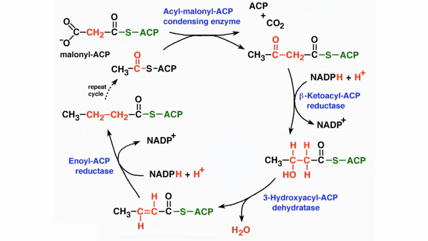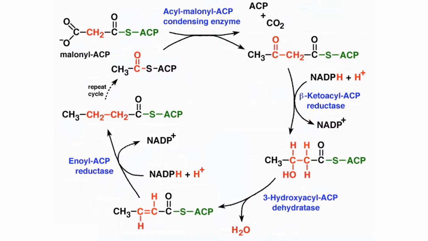So here we see the complete cycle of fatty acid biosynthesis, in which there are 4 steps. This is a cycle that you are going to be responsible for. I'm not going to hold you responsible for cholesterol synthesis, but this one is a little simpler. So we're starting with our malonyl ACP unit and our acyl ACP.